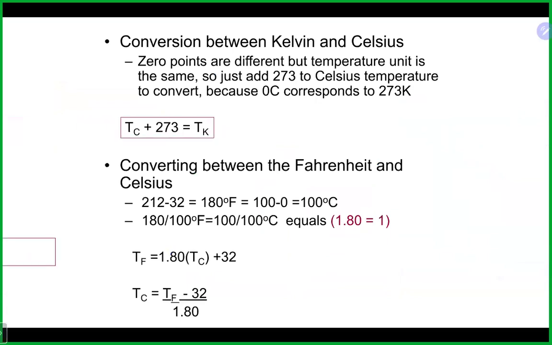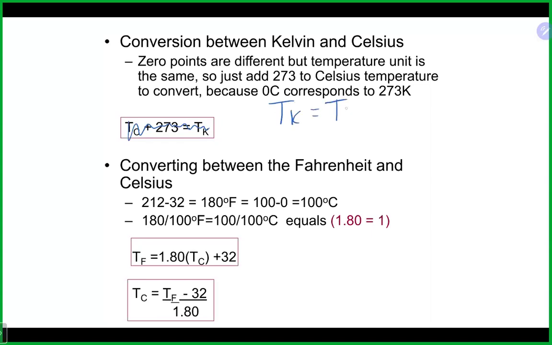Let's talk about the formulas to convert, because they want you to use a very specific number here. First off, the temperature in Kelvin is going to equal the temperature in Celsius plus 273.15.